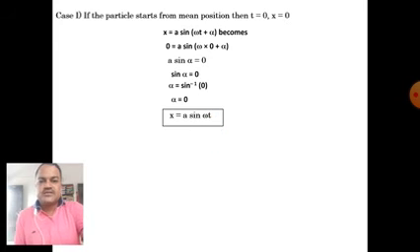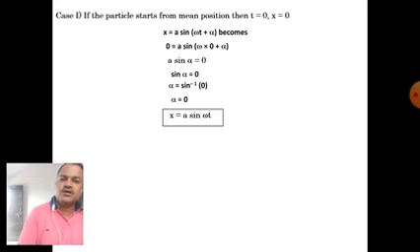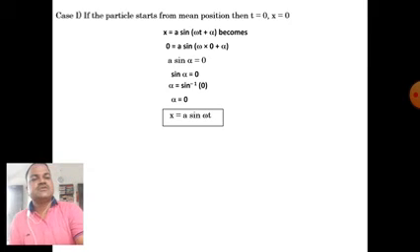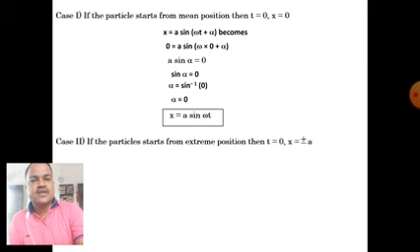So the first relation arises: if the particle starts from mean position, then the equation of the displacement of linear SHM is x is equal to a sin omega t. In the next case, we have to see what the expression for displacement will be if the particle starts from the extreme position.